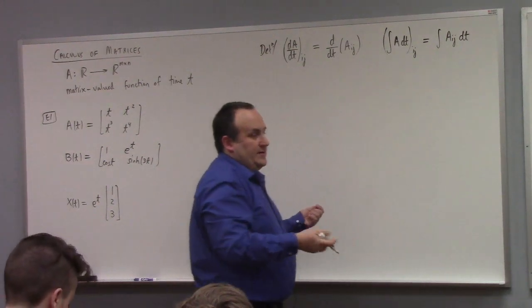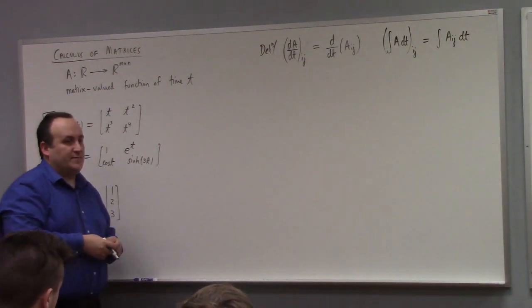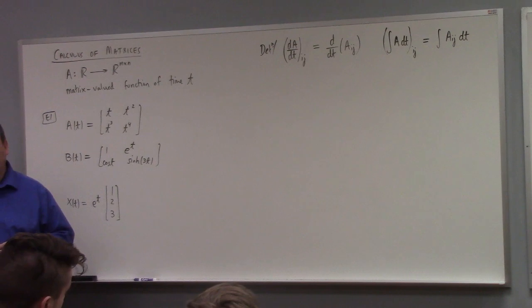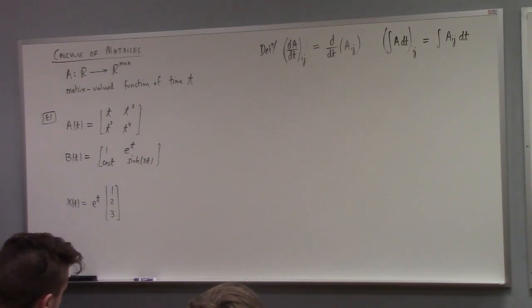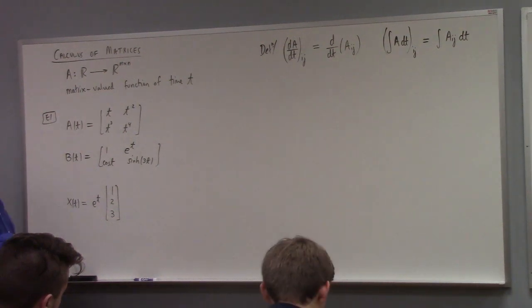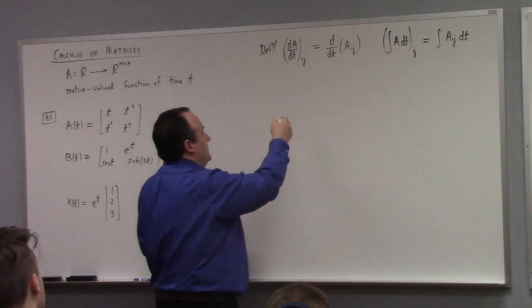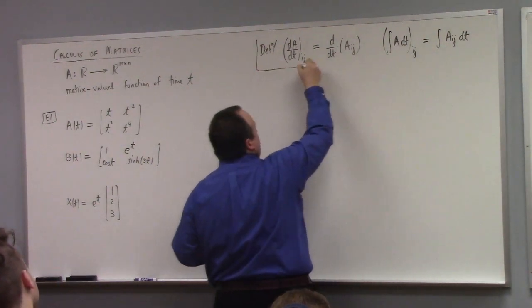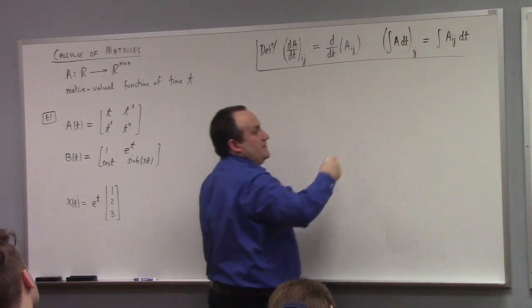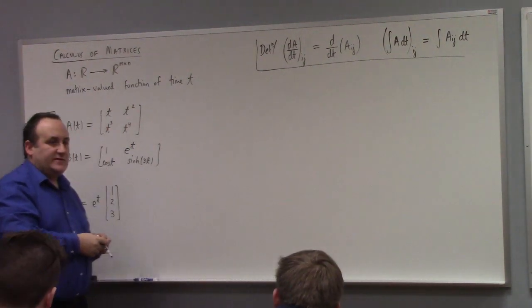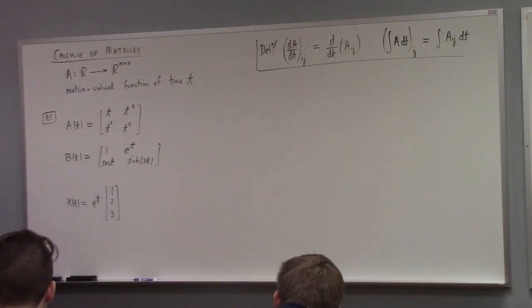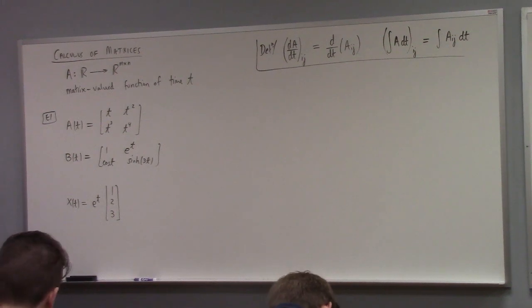So we integrate and we differentiate matrices component-wise. All right? Now, of course, you could also do definite integrals, or you could do indefinite integrals, right? Like you could add bounds if you wanted. If you don't add bounds, you better add a different constant for every entry, because you have no right to assume that the integration constant's the same in different entries.